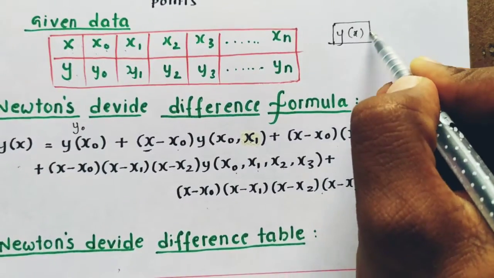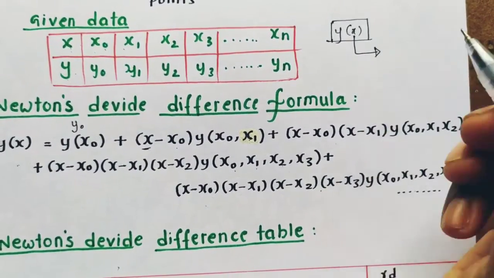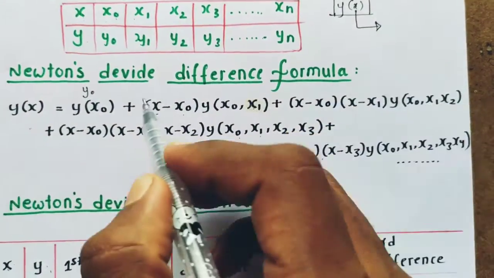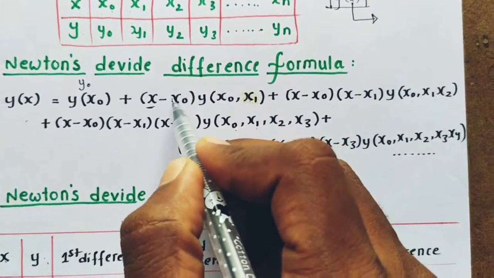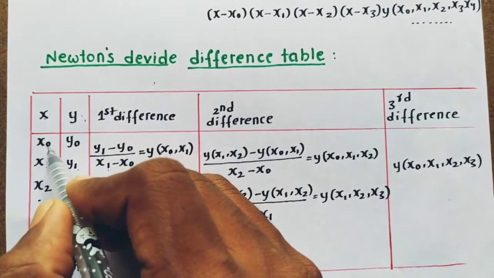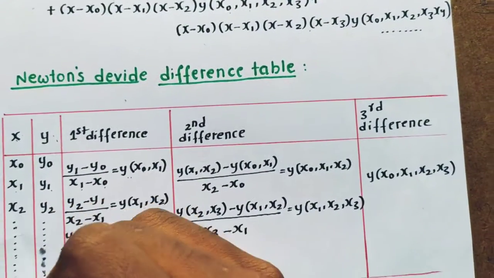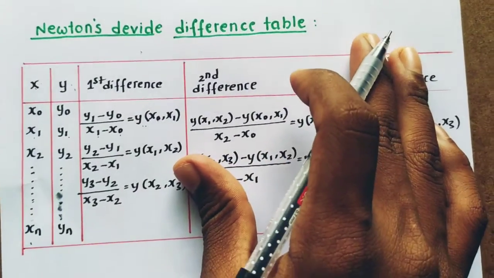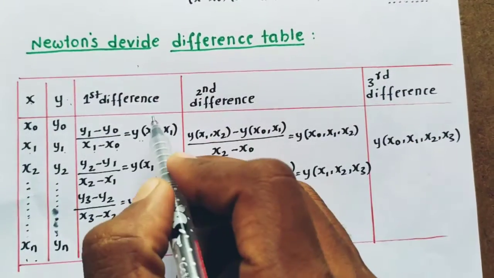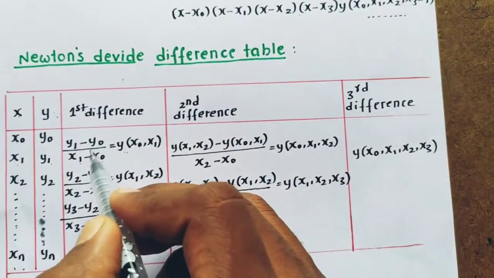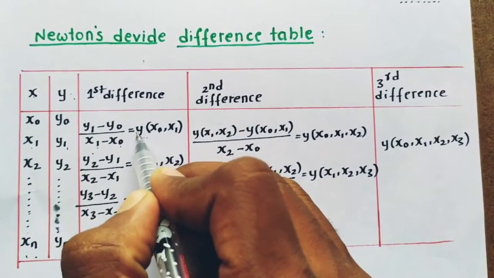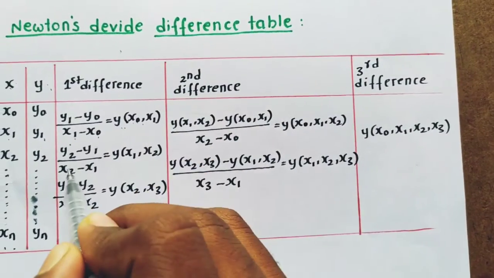For finding y of x, the value x is the one we want, and we know the x0 value. In the table, the given values x0, x1, x2, up to the last value xn, are known. The first difference is y1 minus y0 by x1 minus x0, equal to y of x0 x1.